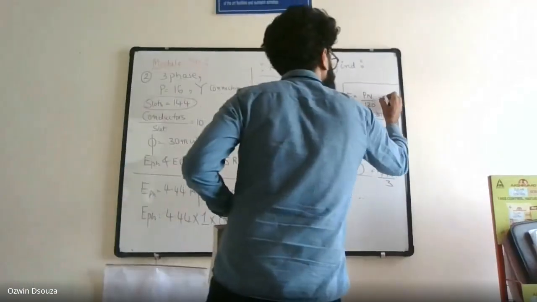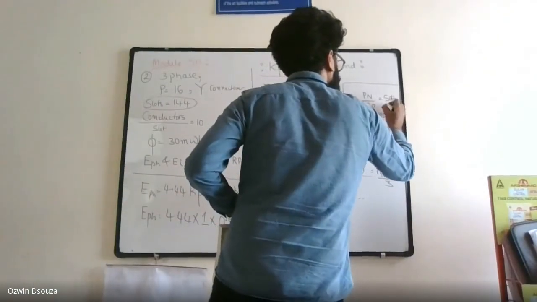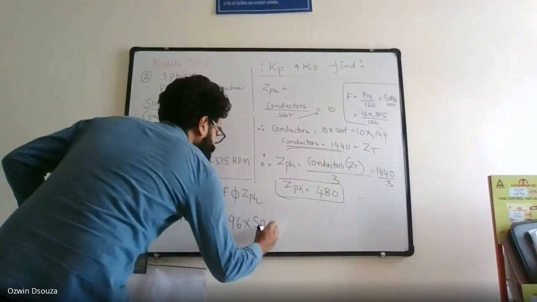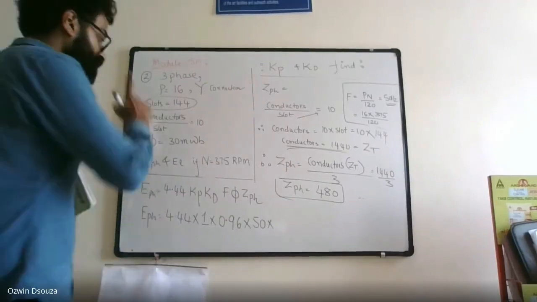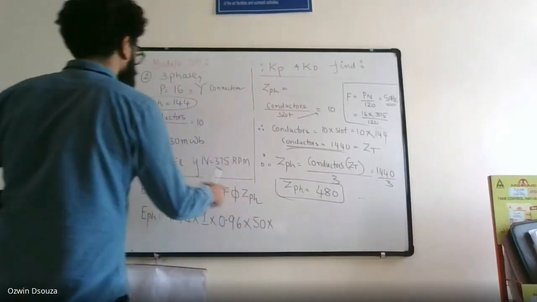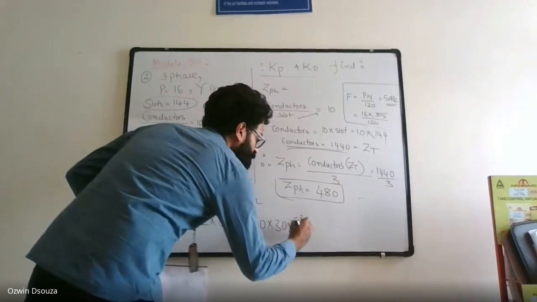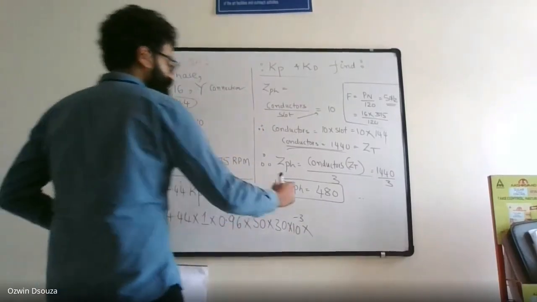So frequency you will get as 50 hertz. So substitute 50 into flux 30 milliweber, 30 into 10 to the power minus 3, into Z phase 480.